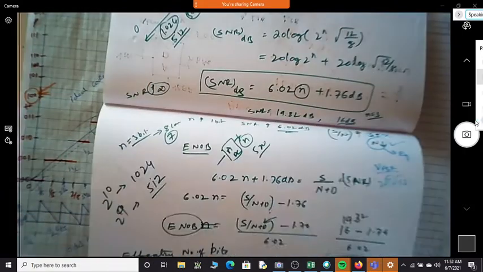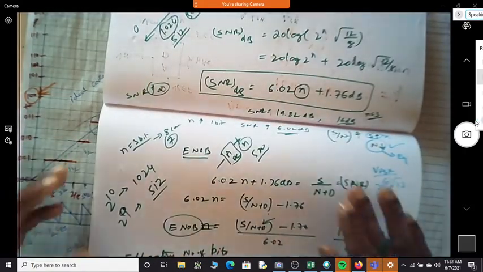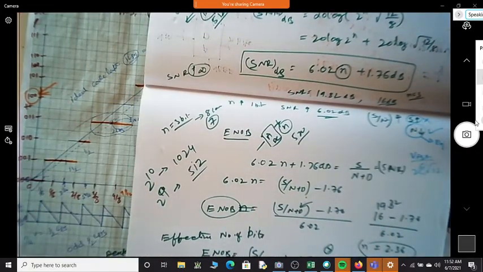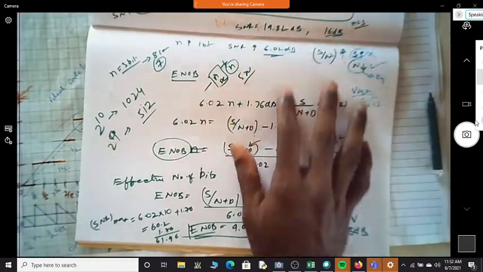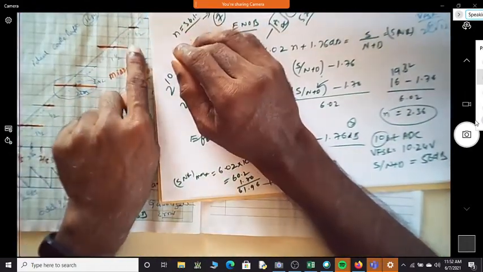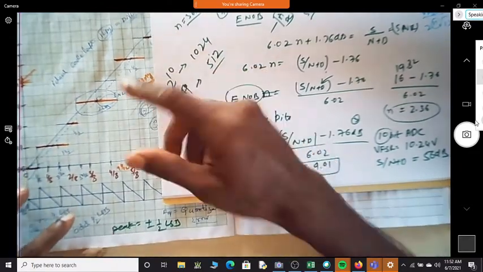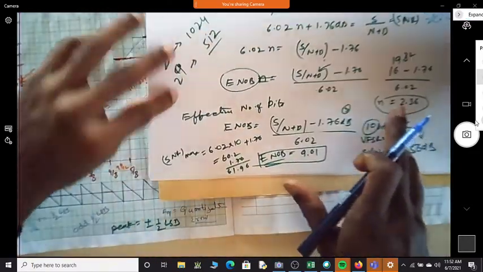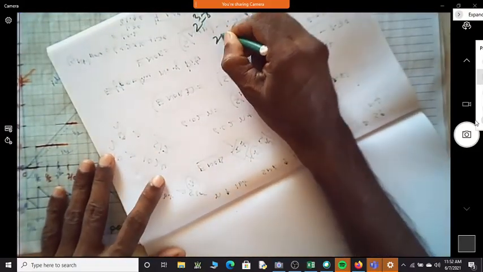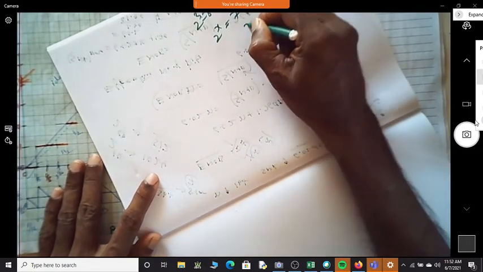If there are any questions, let us just answer them. Is this ENOB clear? So we had an example. ENOB comes from this also. Suppose you say, what is 2 power 3? 2 power 3 is 8, no? Yes, sir. 2 power 3 is 8. 2 power x is 7, then what is x?